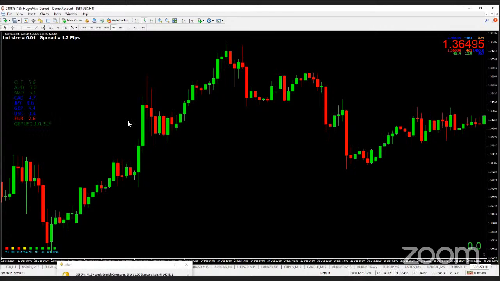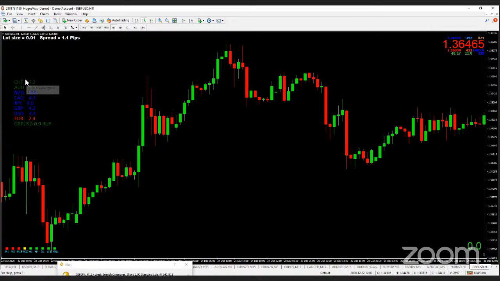So what you want to do is combine a currency that is currently strong, as we have here the CHF, with one of those at the bottom which is weak, like perhaps the euro or the USD.